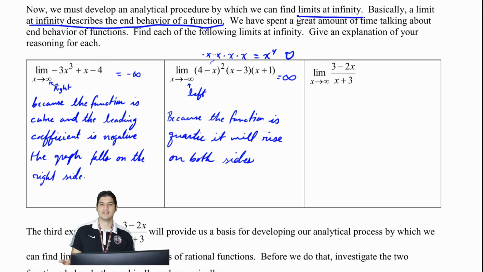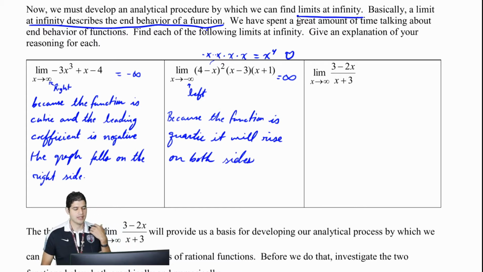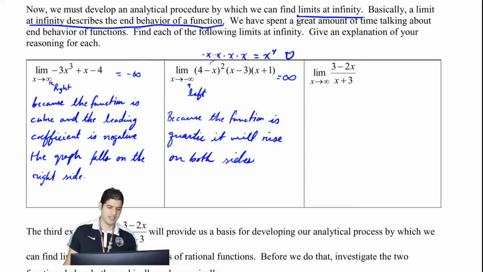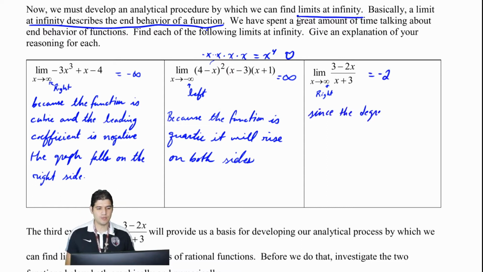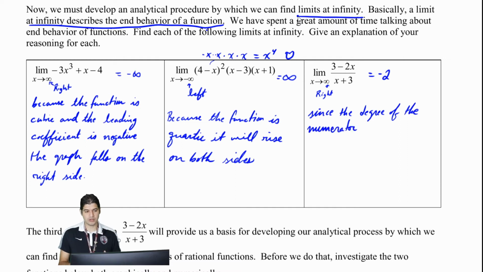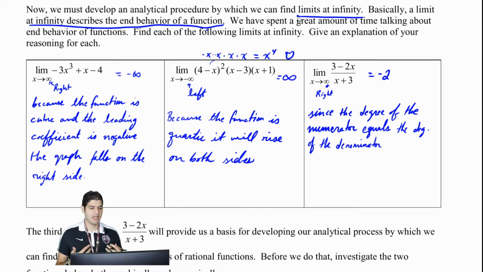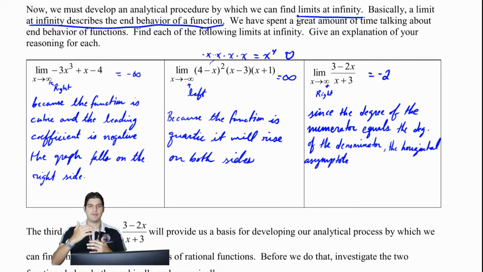Now I want to do our final example, the limit as x approaches infinity, so that's happening on the right side, of (3 minus 2x) over (x plus 3). Let's think about some of the things that we would talk about in pre-calculus. Since the degree of the numerator is equal to the degree of the denominator, the horizontal asymptote is going to be the coefficient of the numerator and denominator divided.